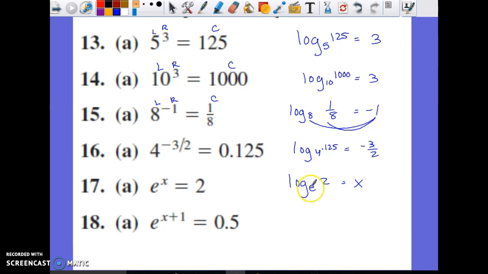So ln is log base e, so I can just say ln of 2. One more, log base e equals x plus 1. So I could say ln 0.5 or a half equals x plus 1. And I could use that to solve for x.